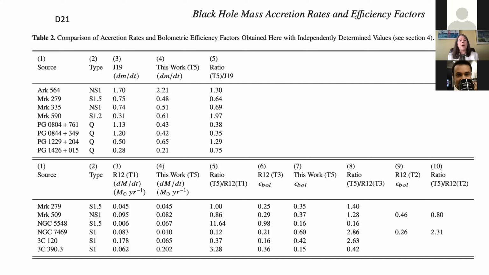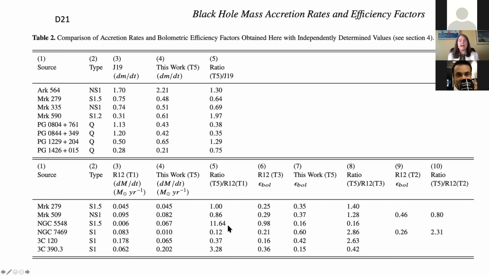So one possible explanation for this offset is that the data going into my calculations for the AGN so far are not simultaneous or contemporaneous. In comparing the mass accretion rates in physical units, there's relatively good agreement. Here's the ratio. There are two sources that are off by about a factor of 10.